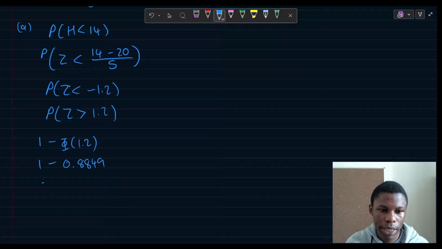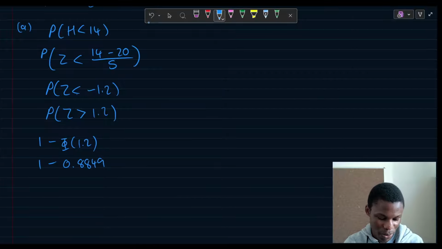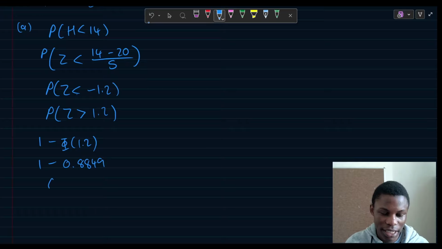1 minus, I go to my tables, I read off phi of 1.2, that's 0.8849. And so therefore, this is not yet the final answer, because this is just for one tree, right? 1 minus 0.8849 is 0.1151.